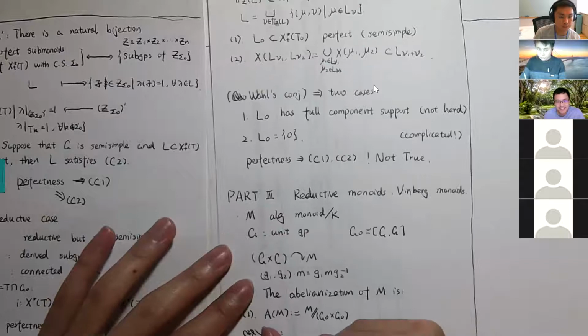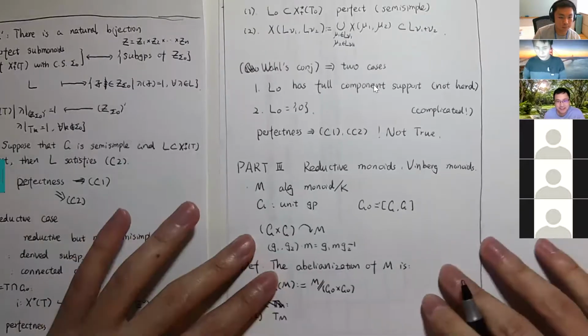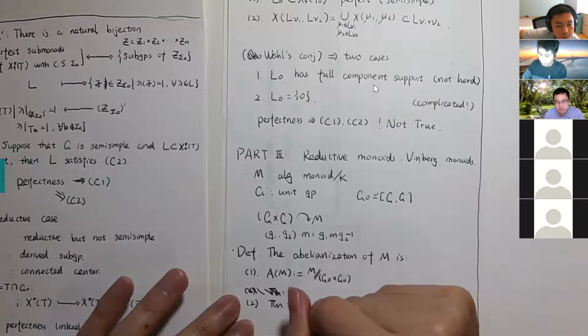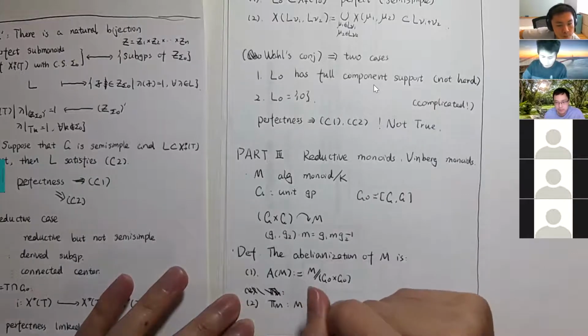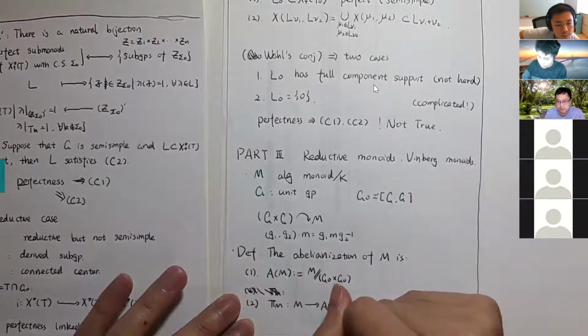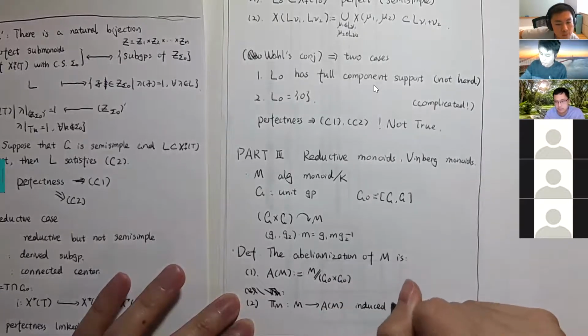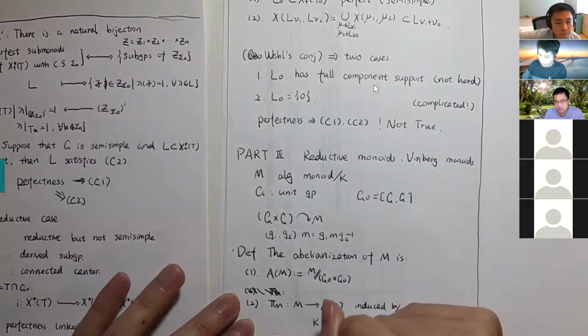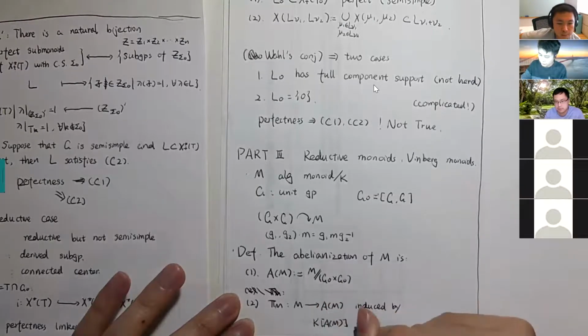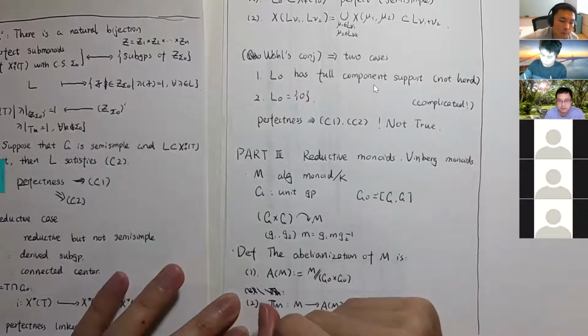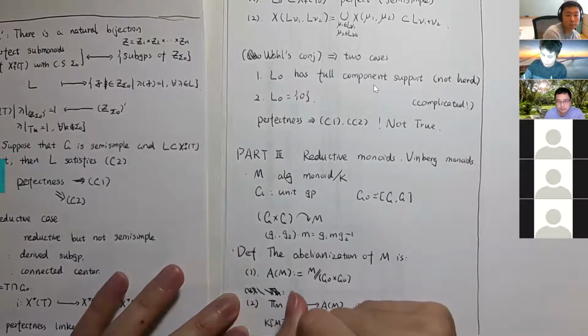So the second part is a morphism of varieties from M to AM. It's just induced by the natural projection from this KAM to KM, because this KM is just those G0 times G0 invariants of KM.